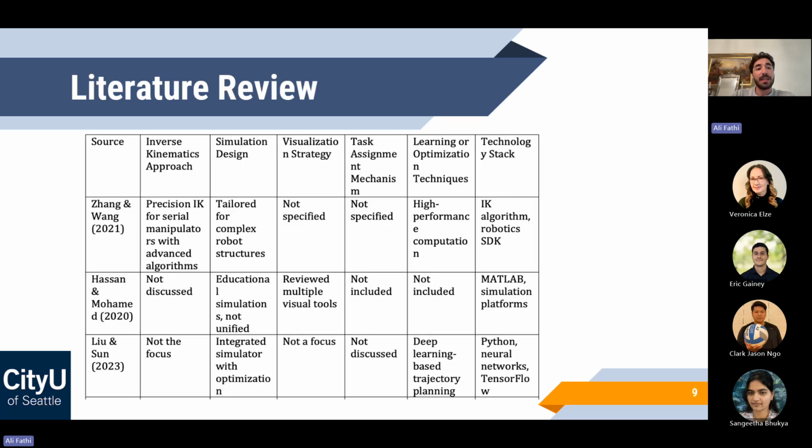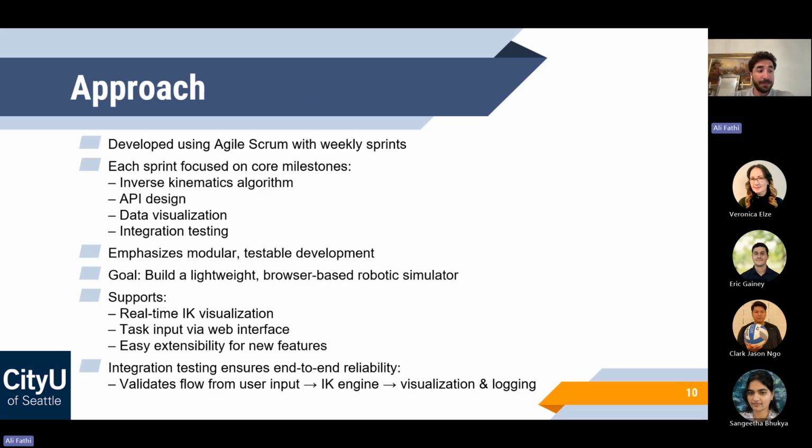As you can see, the studies of Zhang and Wang, Hassan and Mohammed, and Lee and Sun each work on different aspects of robotic arm simulators. One works on the inverse kinematics approach, another on simulation design, and another on visualization, task assignment, mechanisms, learning outcomes, techniques, technologies, and stacks.